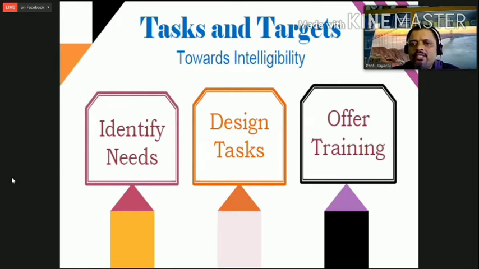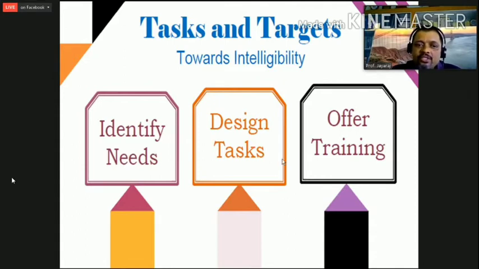So how to design tasks? Day and night, they used to discuss and come up with nice tasks, effective tasks that really help the learners to come out of the pronunciation problems or the listening problems they face.